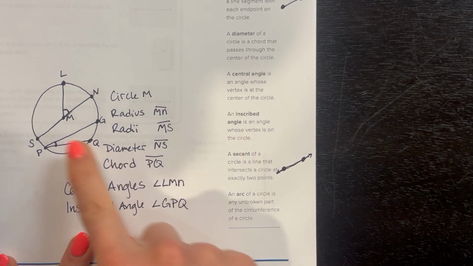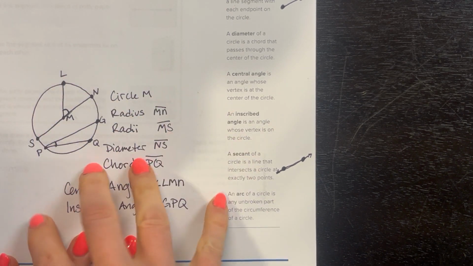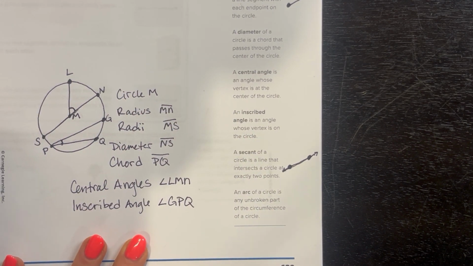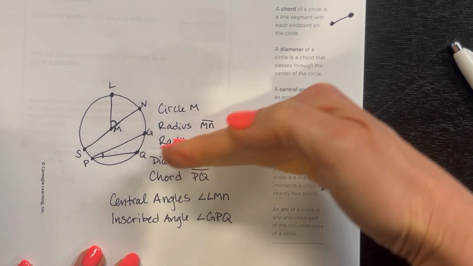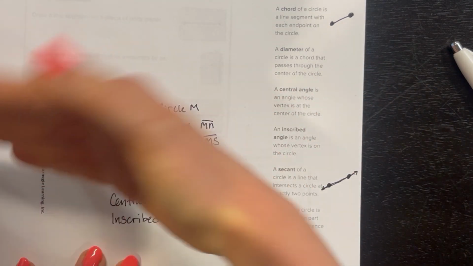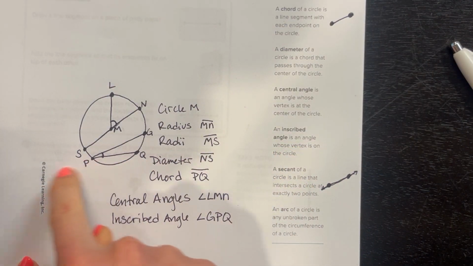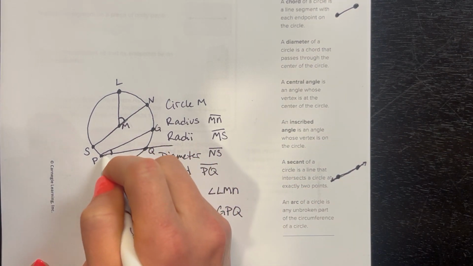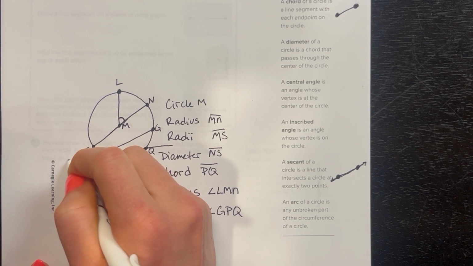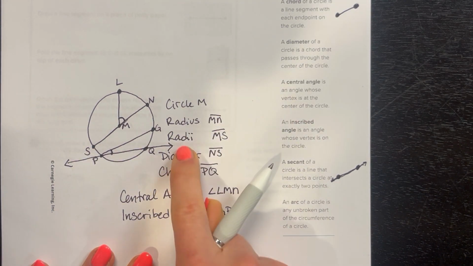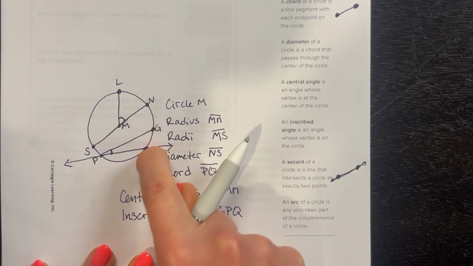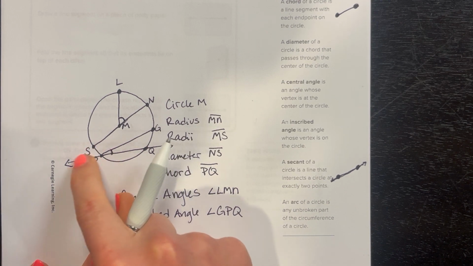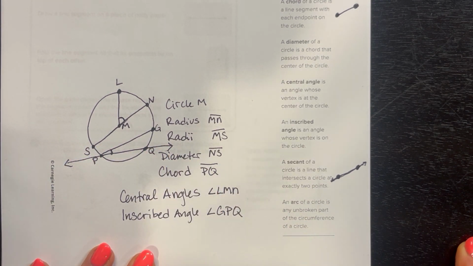So if I came to this circle and I pretended I was something in space, and I sliced through it, like if this line went on forever, if a line crosses through once, crosses through twice, we call this a secant line.